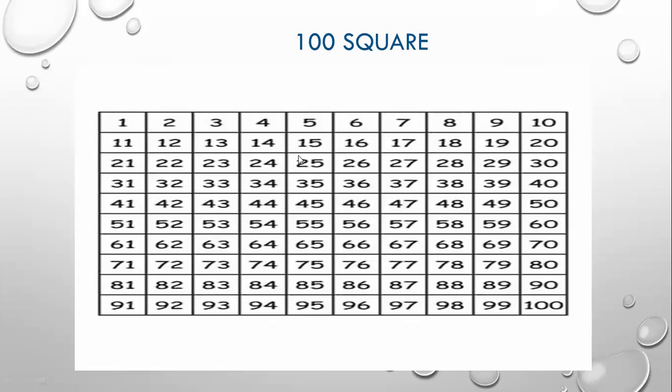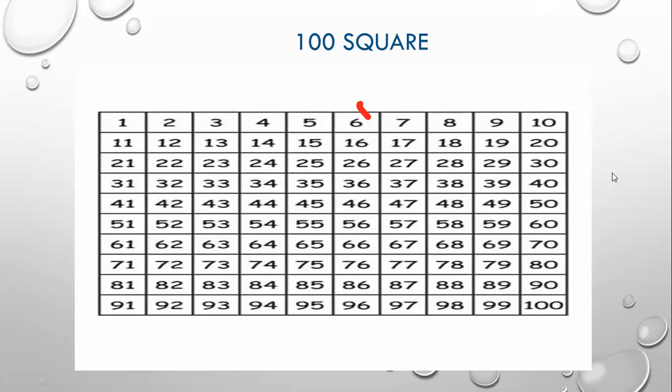So I told you about multiples of 10: 10, 20, 30, 40, 50, 60, 70, 80, 90, and 100. These are the multiples of 10. So you can also call them decades.